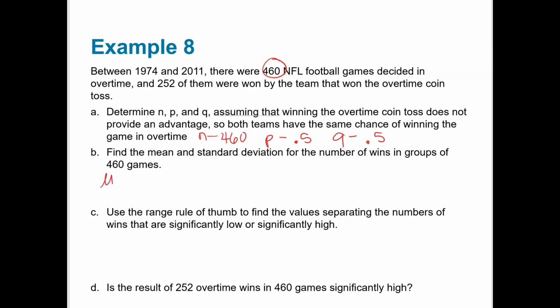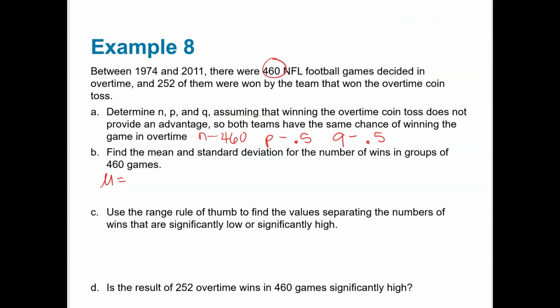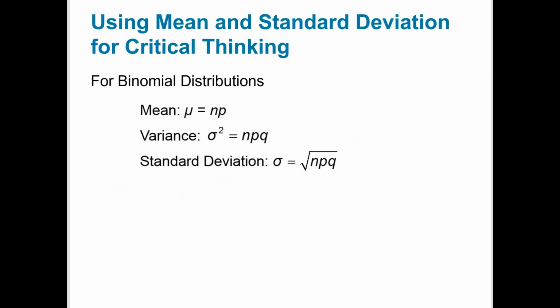So find the mean and the standard deviation. If you go back and flip back here, the mean is N times P. So our mean is 460 times 0.5, which is 230. And to get our standard deviation, that's going to be the square root of N times P times Q. And again, I just got that from our formulas over here.